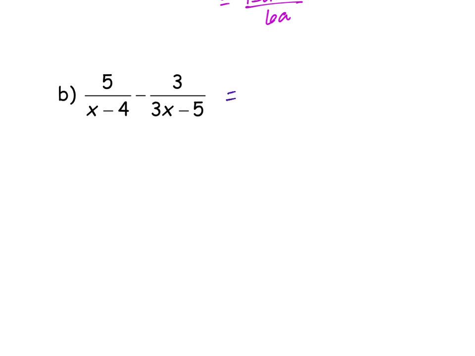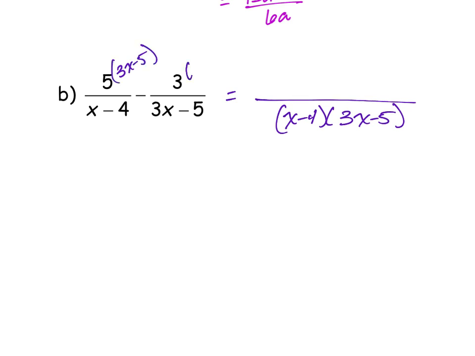Okay, so on this one, again, I don't have a common denominator. Neither one of them has anything in common, so they're both the common denominator. So that means this is x minus 4 times 3x minus 5. So I'm going to multiply this side by 3x minus 5, and this side by x minus 4. So I'm going to get 15x minus 25.